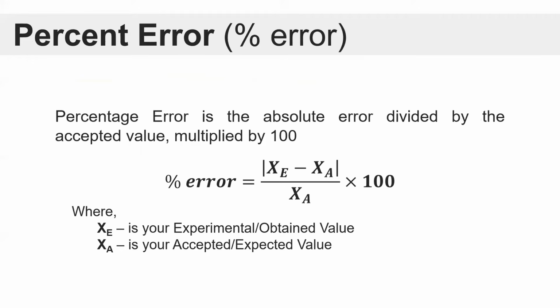Next we have percent error. Percent error is the absolute error divided by the accepted value multiplied by 100. So here is our formula: percent error is equal to the absolute error. If you look at this, it is just this one.